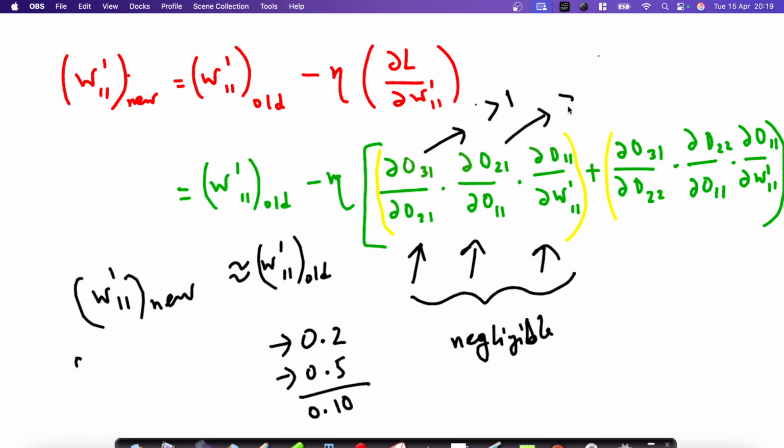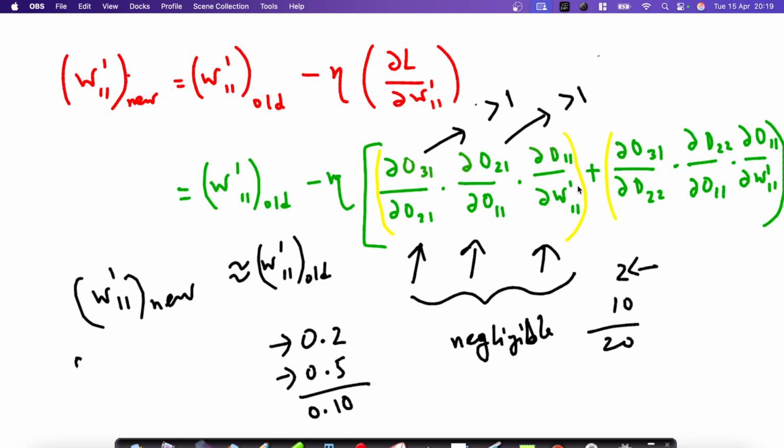Now what will happen? If we multiply certain values which are greater than 1, let's say 2 multiplied by, let's say, 10, we'll get a very high value, higher than the individual values. Now if we multiply so many values which are already greater than 1, we'll get a very huge value, right?